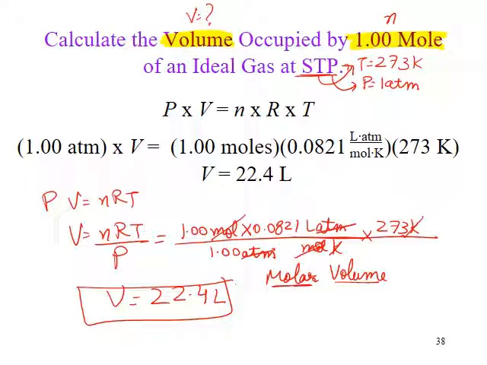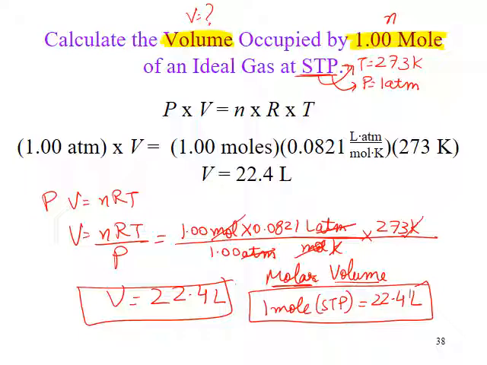So you could use this as a conversion factor now, which means 1 mole of a gas only at STP is equal to 22.4 liters. So this is your conversion factor to go between moles and liters of gas if needed, but only at STP.